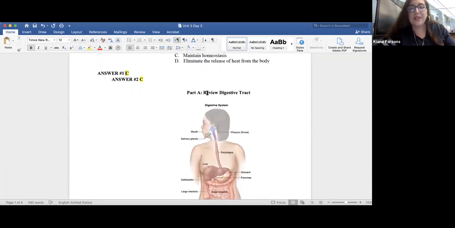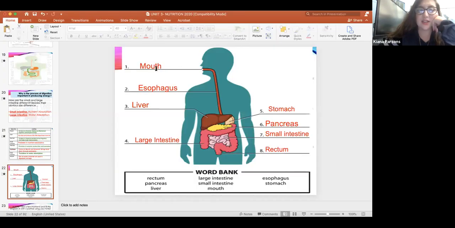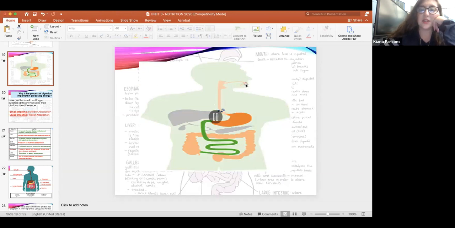All right, so now let's go on to part A, review the digestive tract. So hopefully you guys remember the different parts of the digestive tract here. But let's take a look. So we go into the mouth, eat, go through the stomach.